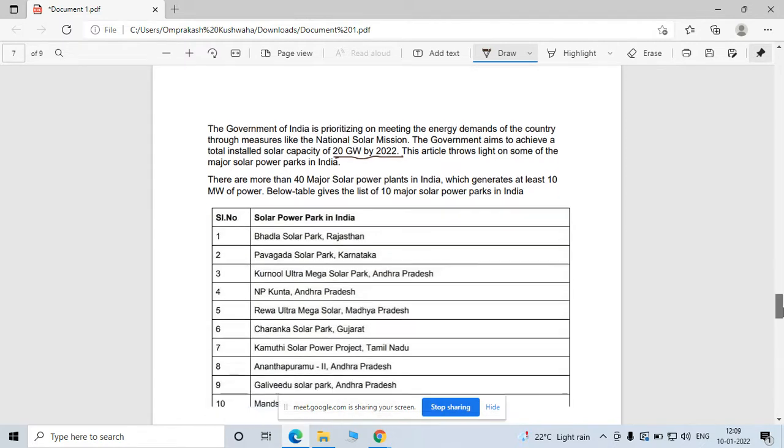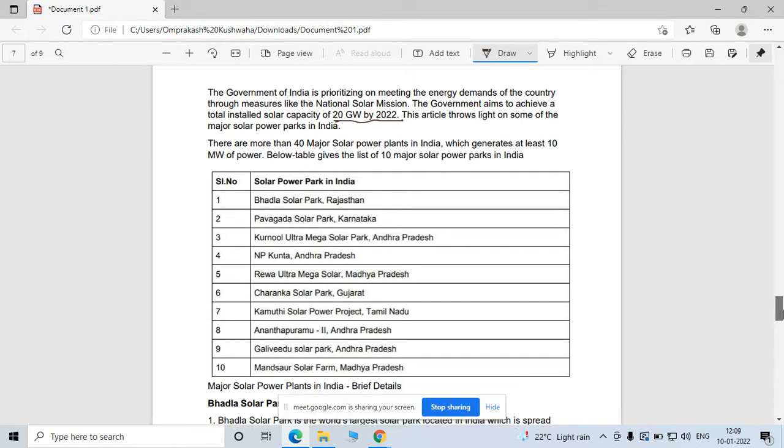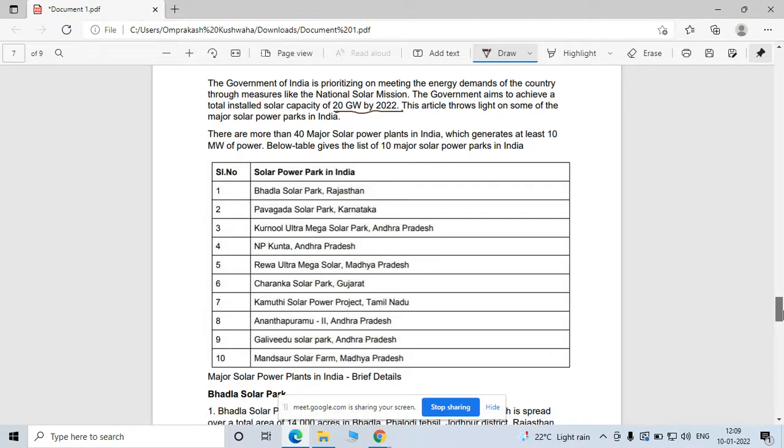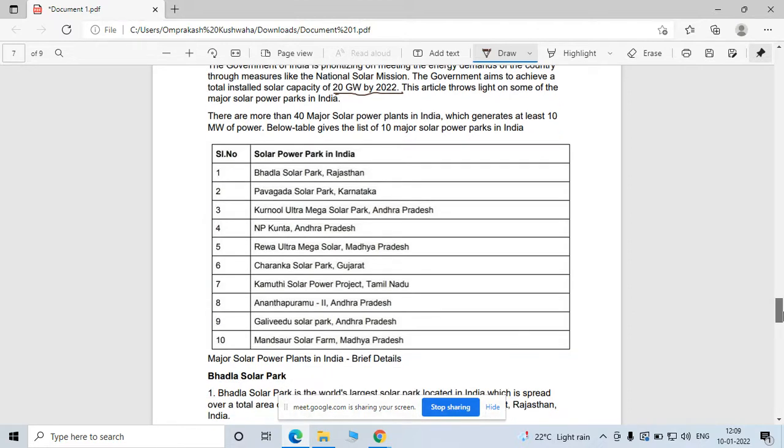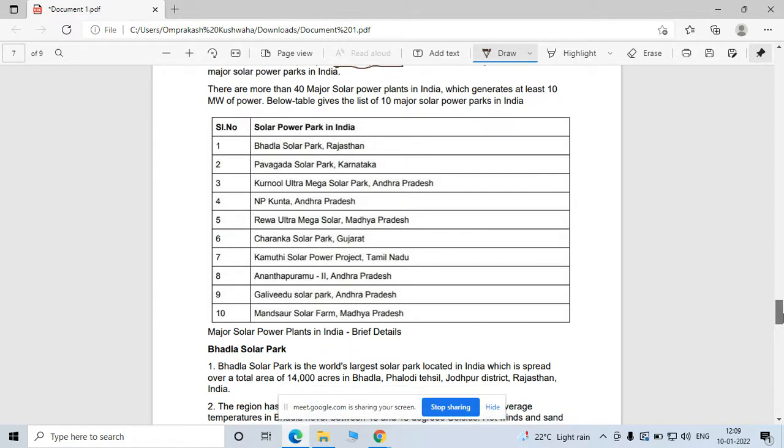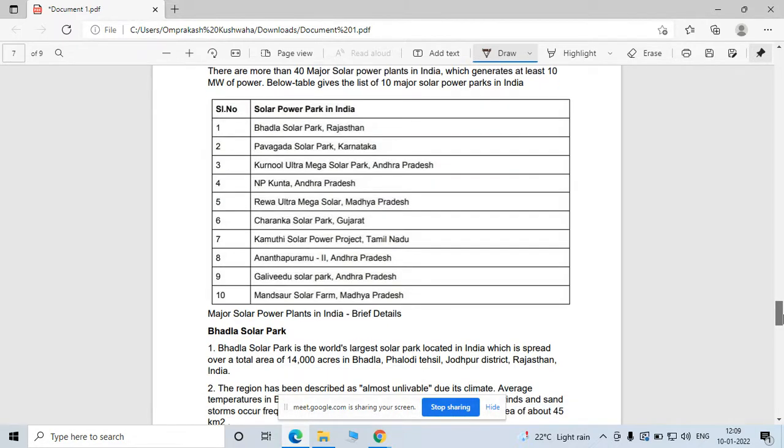For that, India has already taken many major steps and installed many big power plants. First is the Bhadla Solar Park in Rajasthan, the biggest solar power station in India till now.